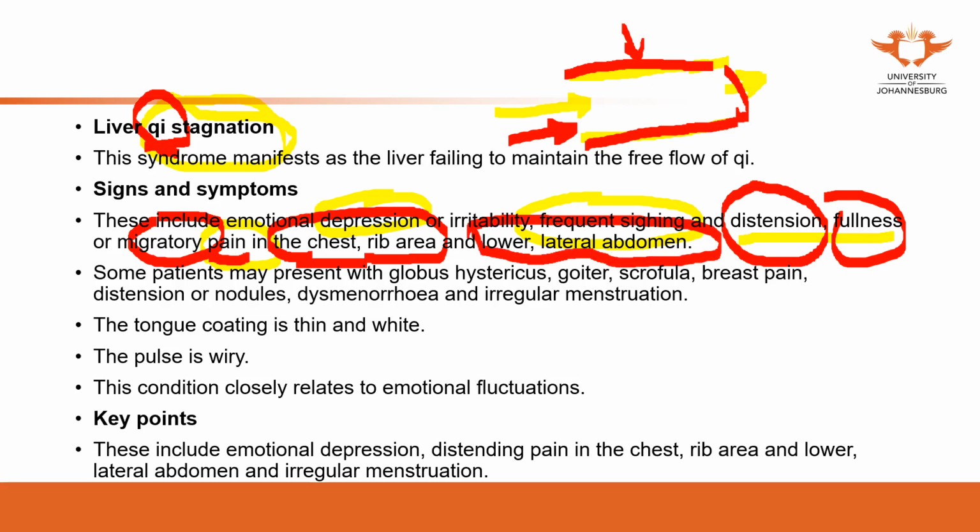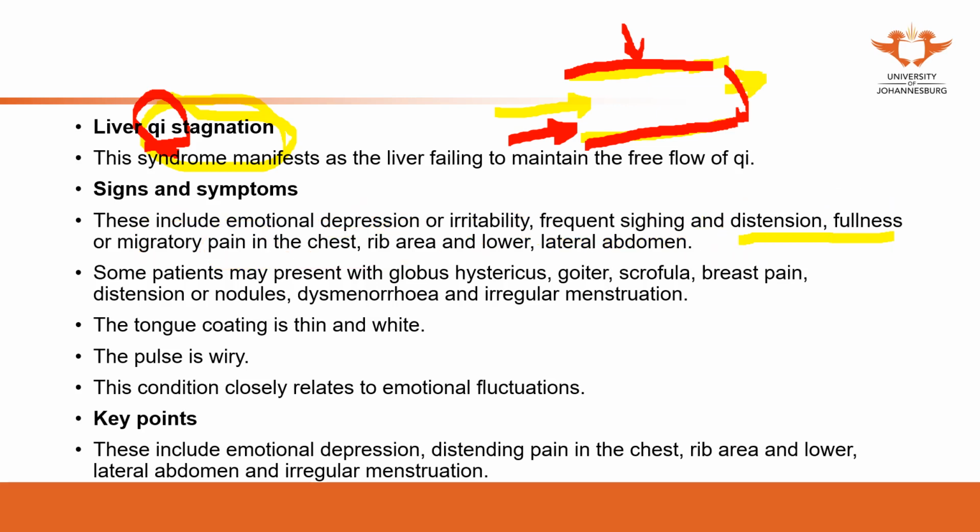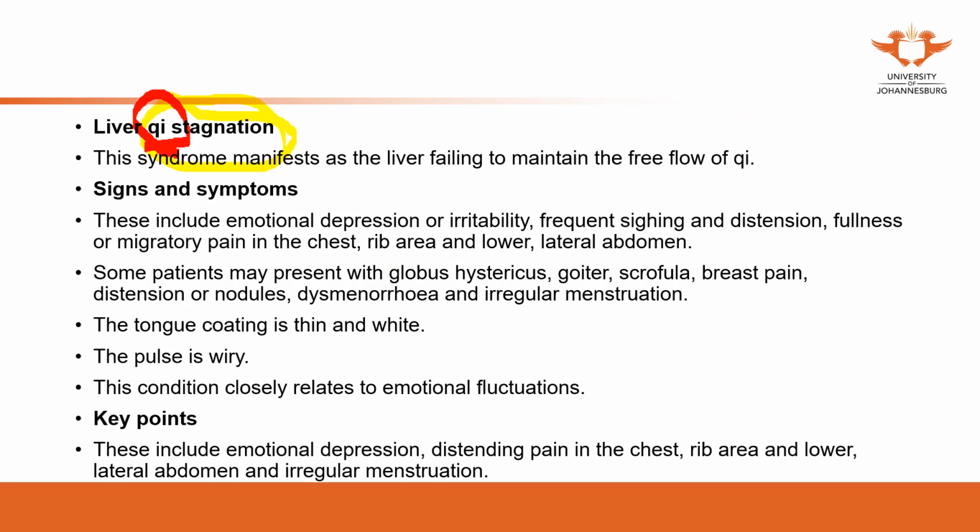When we study the meridians, you will see these areas are all where the liver and gallbladder meridians travel. You can also refer back to the basic theory of meridian distribution we have introduced briefly.